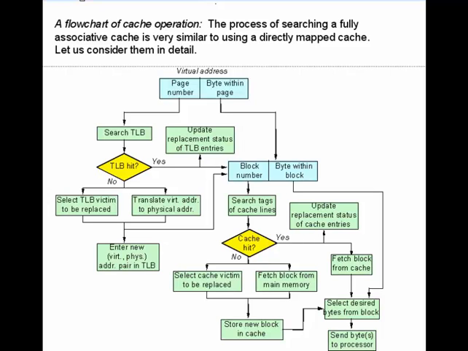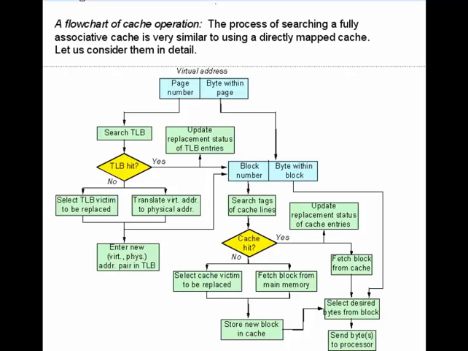And once we translate the virtual address to the physical address and decide where it's going to be put, that is, which the victim is, we can enter the new virtual and physical address pair into the TLB. So now the TLB can translate that and says, if you go to this virtual address, you're getting this virtual page, and I know where that is. Okay? So that's the virtual side.